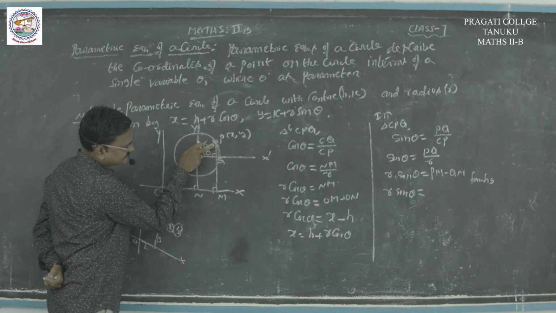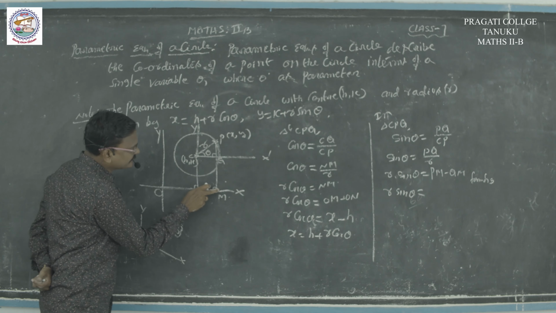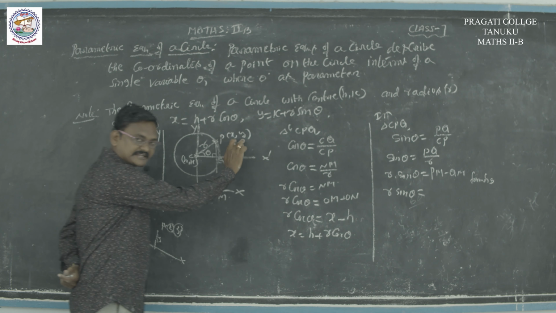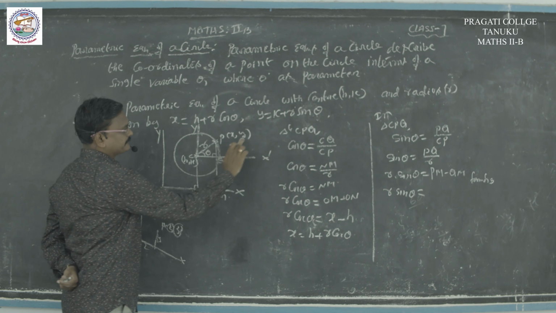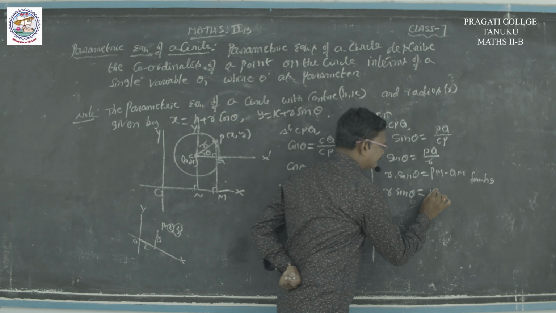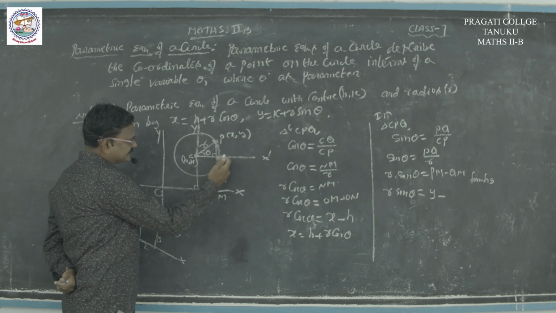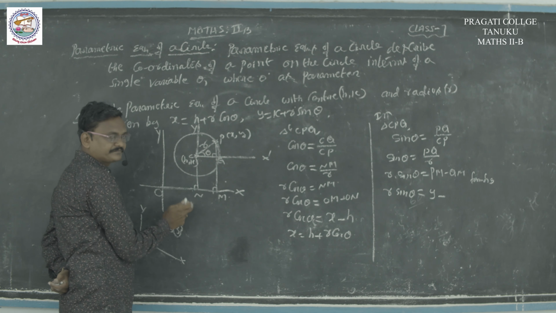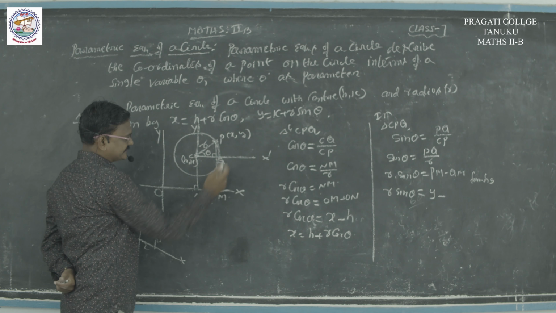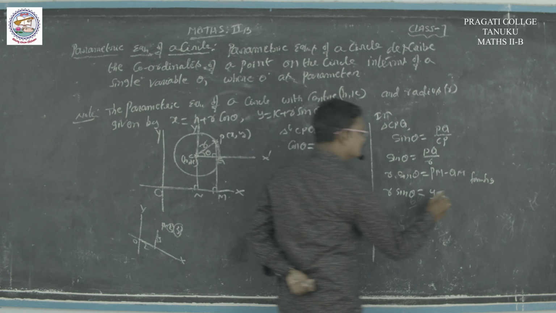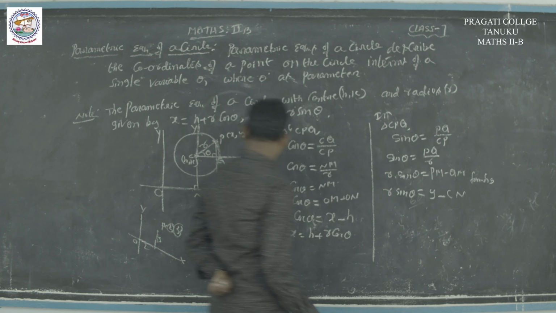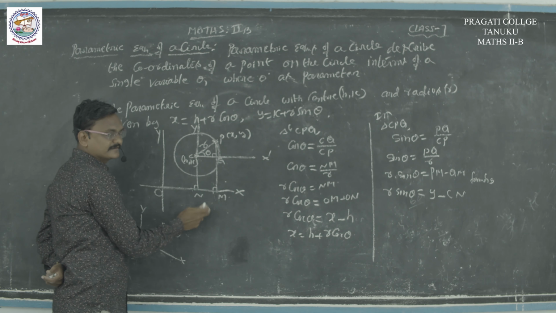I told you already this length is equal to the ordinate of the corresponding point P, that means y, from the diagram only, everything minus QM. QM length is equal to CN. So minus CN, from the diagram only.